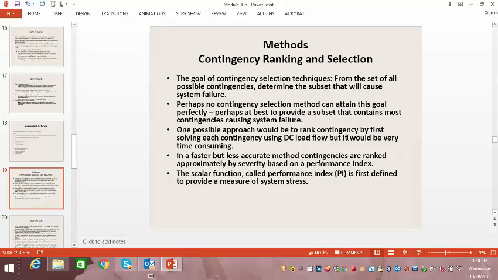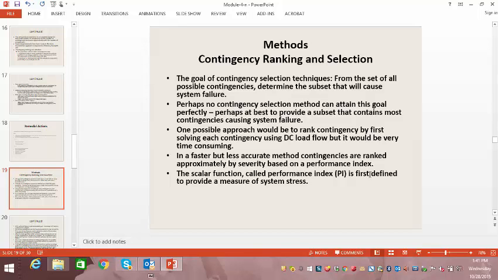Another possibility would be to rank contingencies by first solving each contingency using a DC power flow, but this would be very time consuming. This is like exhaustive enumeration. So a faster but less accurate method is ranking the contingencies based on severity, which is based on some kind of performance index.